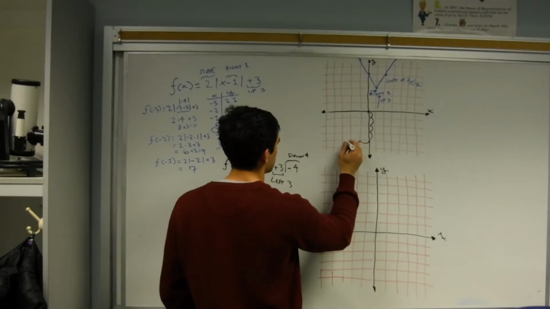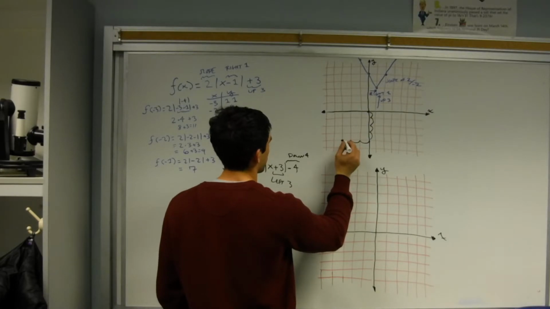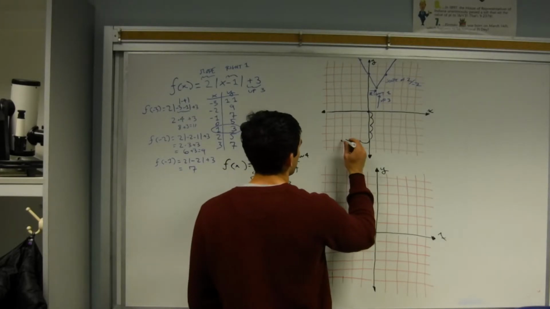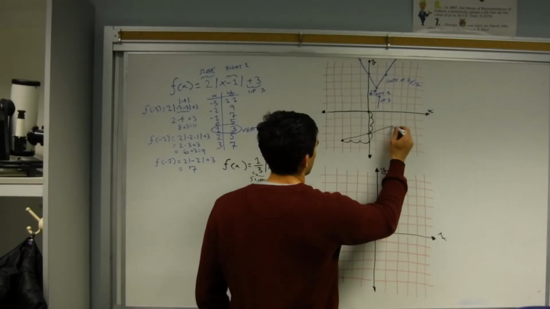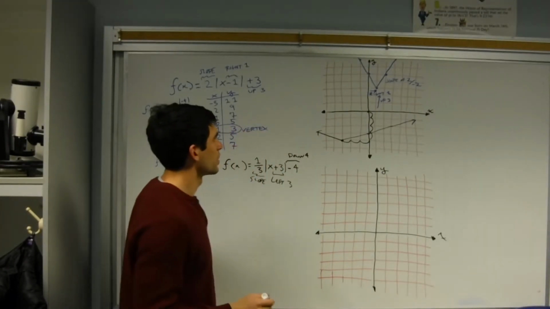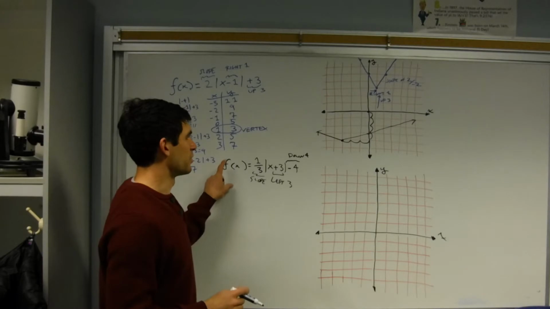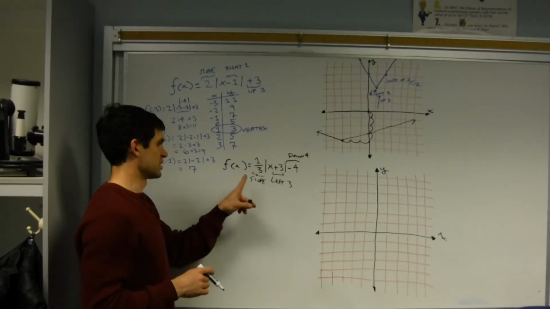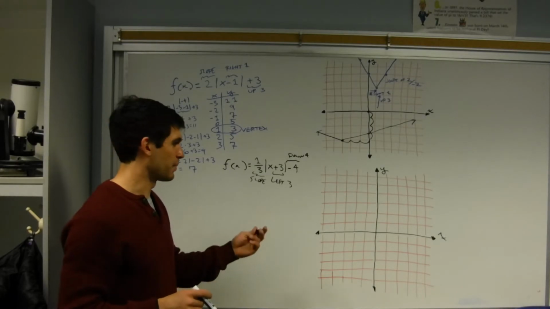So 1, 2, 3. And this is where our vertex is going to be. And then we have a slope of 1/3, which means it's going to look like that. So again, that was so much easier than going through this whole table of values. It was just taking it one transformation at a time.